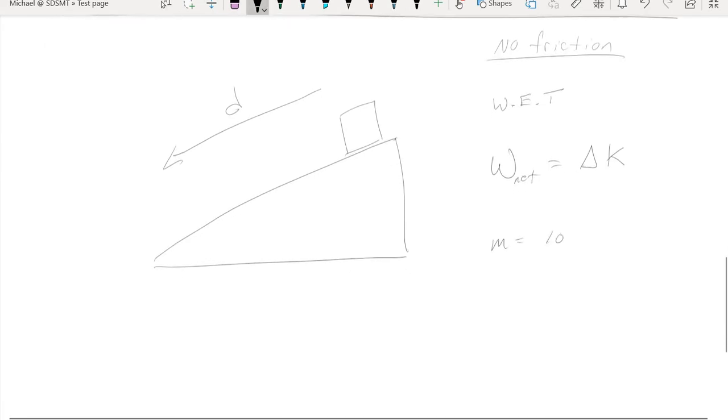We'll give the mass a value of 10 kilograms. The incline will be 50 degrees. And we'll say that the displacement down the slide has a value of 5 meters.